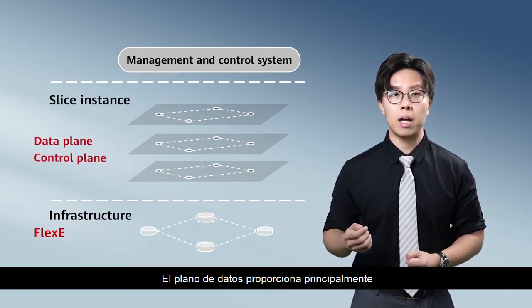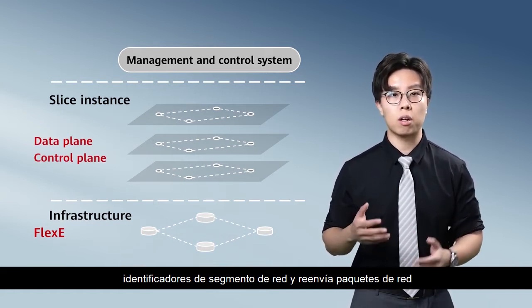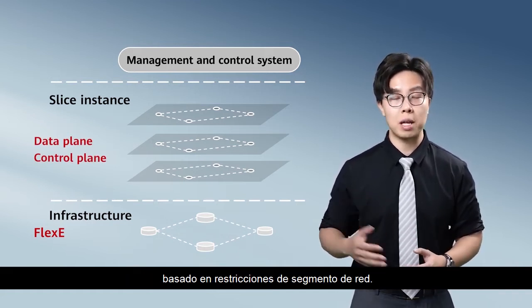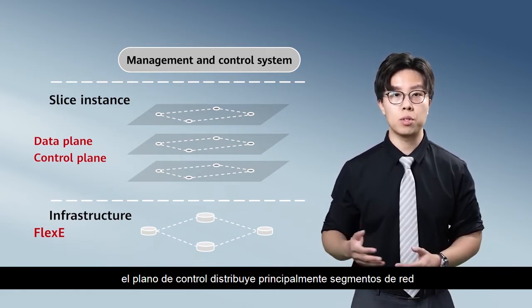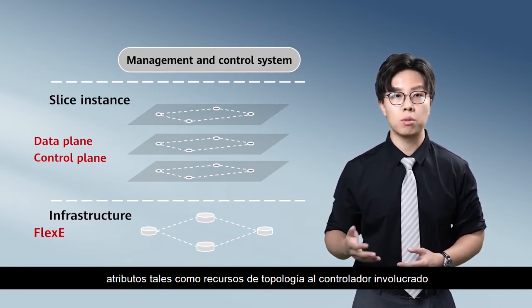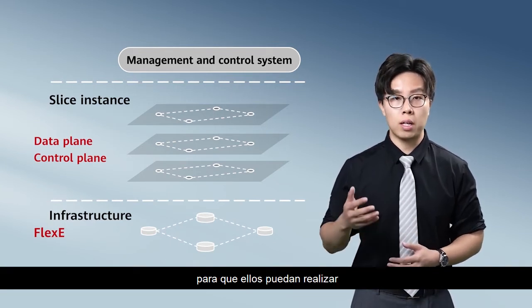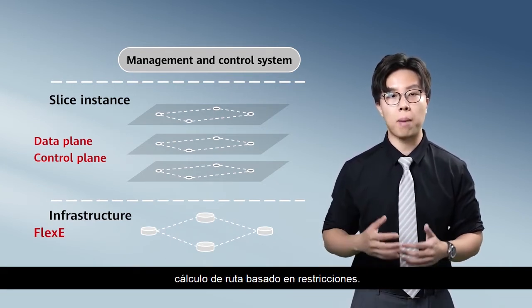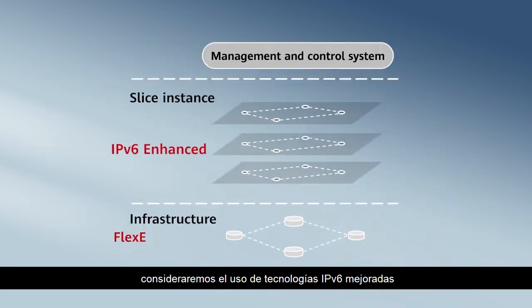The data plane mainly provides the network slice identifiers and forwards network packets based on network slice constraints. In contrast, the control plane mainly distributes network slice attributes such as topology and resources to the involved controller and the network nodes, so they can perform constraint-based path computation. At this layer, we will consider using IPv6 enhanced technologies to instantiate network slices.